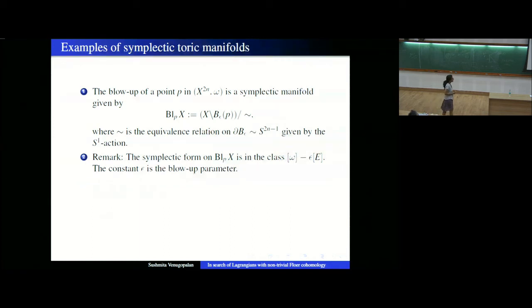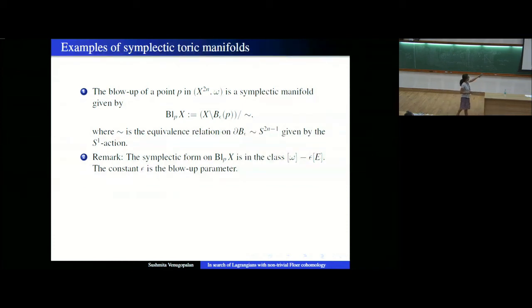Okay, so the way epsilon manifests itself is that the symplectic form on the blow up is of class the pullback of omega minus epsilon times the exceptional divisor produced by the blow up.